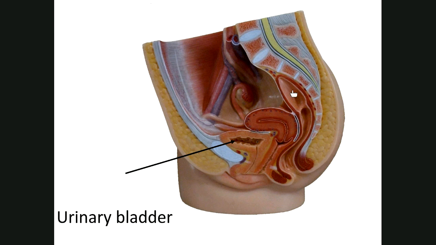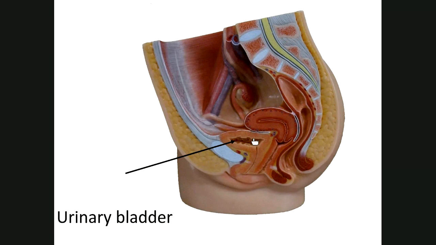Anyways, so we're looking here at our mid-sagittal cut again. Here you can see is the urinary bladder. And this ought to show you something. Check it out. Here you've got the uterus, and for those of you that have been pregnant or know somebody that has been pregnant and had a baby, as the uterus grows with the baby, you can see how it pushes on the urinary bladder, hence causing mom to go to the bathroom more frequently as baby gets bigger.